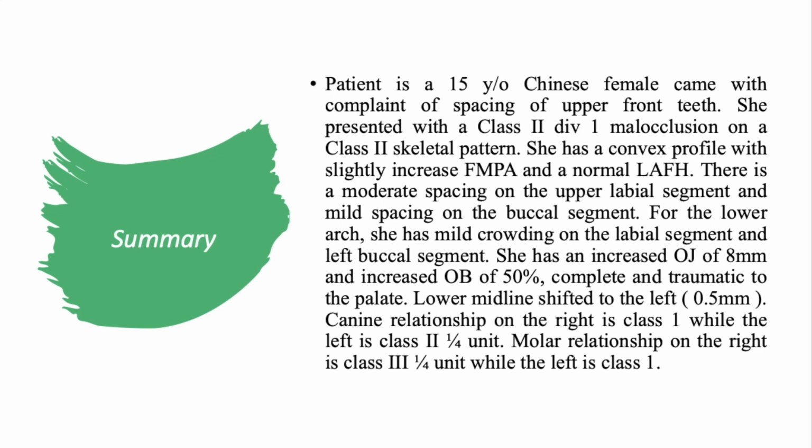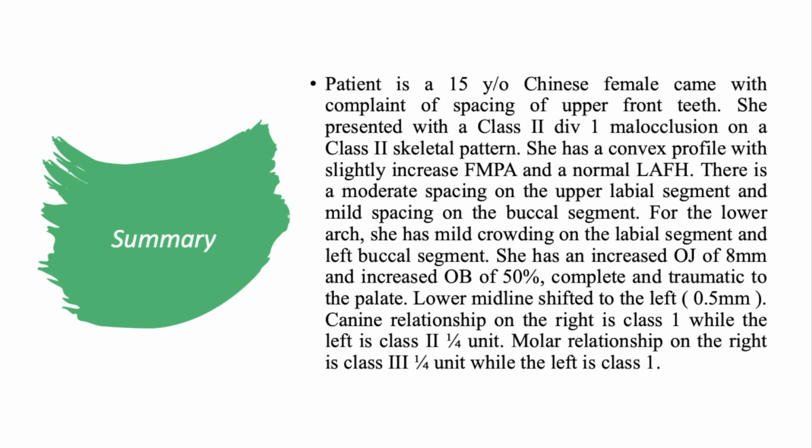There is moderate spacing on the upper labial segment and mild spacing on the buccal segment. For the lower arch, she has mild crowding on the labial segment and also on the left buccal segment. She has an increased overjet of 8 mm and increased overbite of 50%, complete and traumatic to the palate.